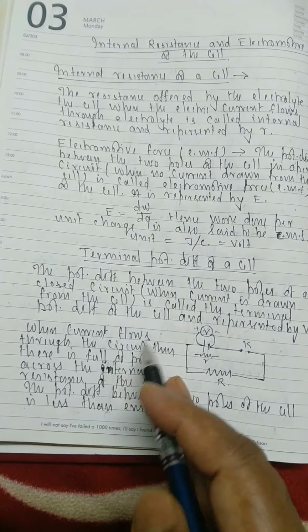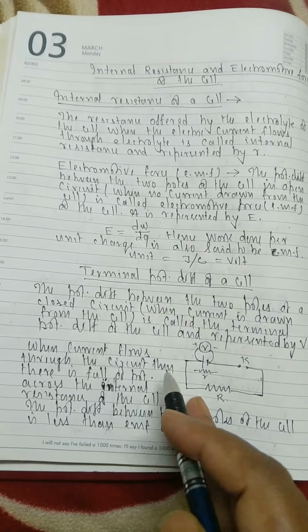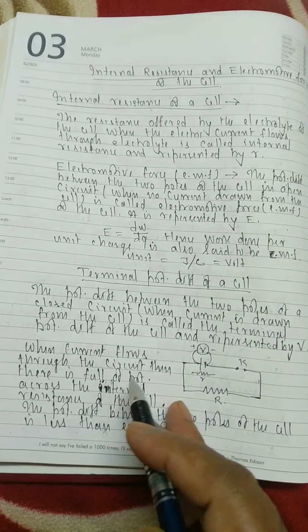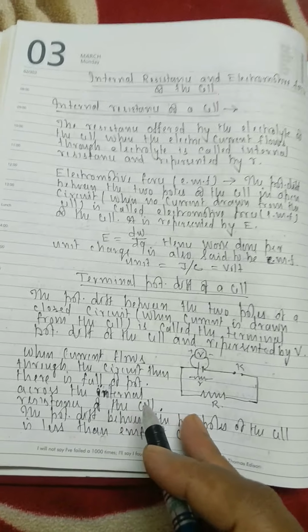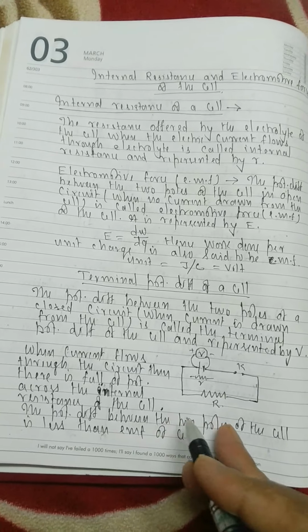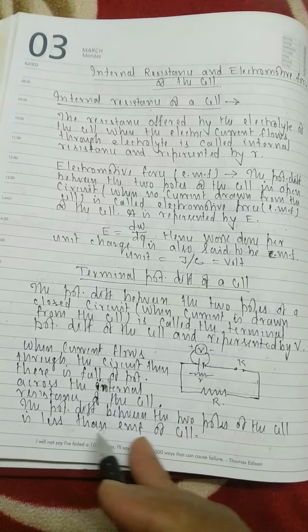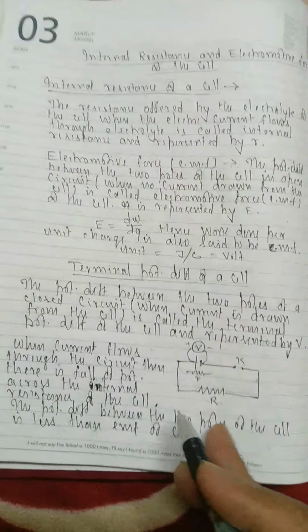When current flows through the circuit, there is a fall of potential across the internal resistance of the cell. The potential difference between the two poles of the cell is less than the EMF of the cell.